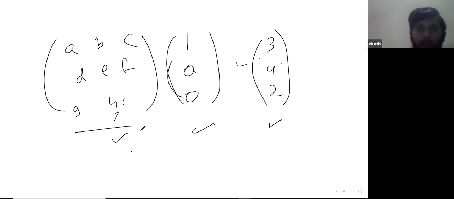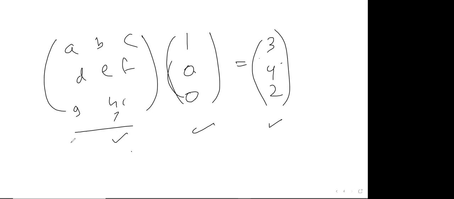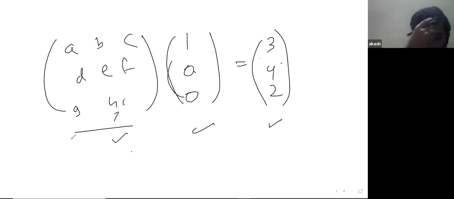All right. So we got the points of A, D, G as 342.